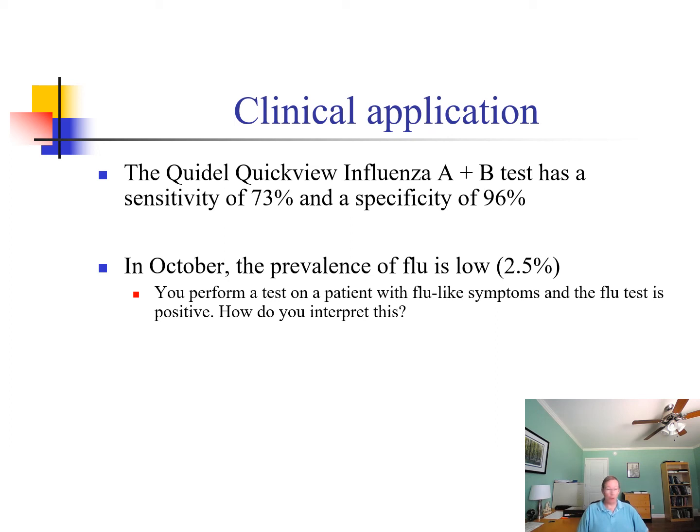Now you can use one of many different rapid flu tests. I gave you data right here for medical sensitivity and specificity for the QuickView influenza A and B test. And so you perform that test and you have a positive result. How do you interpret this?